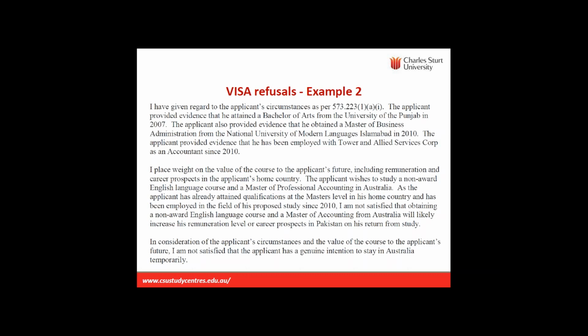That's why in both cases we need to explain the goals and the purposes, a clear outcome for the career and the benefits of studying abroad. This is the case where the student didn't demonstrate the links or the benefits he would get from studying abroad, the same type of business program studying again in Australia.